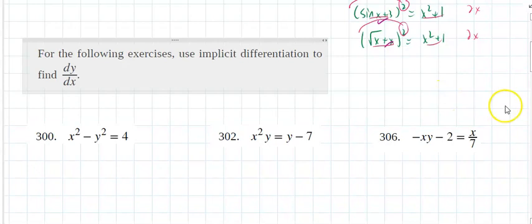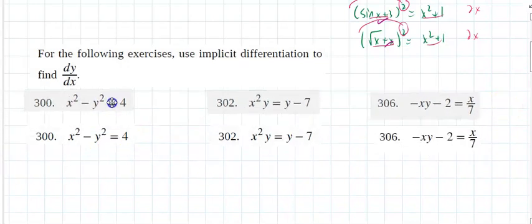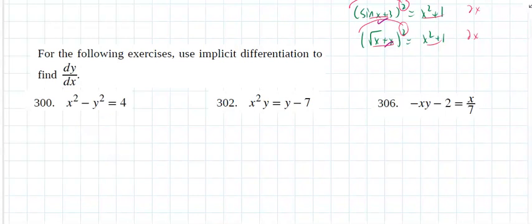And here we are. Find the derivative. So we just did one of those. Again, derivative with respect to x, if we take d/dx, well, I know how to take a derivative of x squared, that's 2x. I know how to take a derivative of 4, that's 0. This is the problem. I see a y, I'll take a minus.